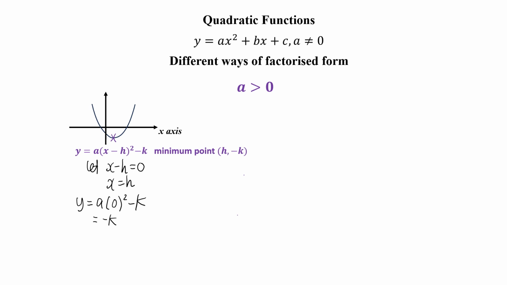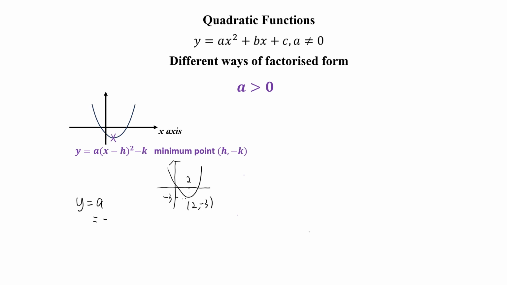So one example would be, right, this will be one example where your minimum point is 2, negative 3. All right, let's look at another kind of representation where the curve is shifted more towards the left-hand side.